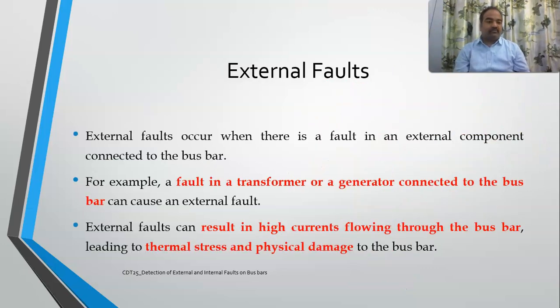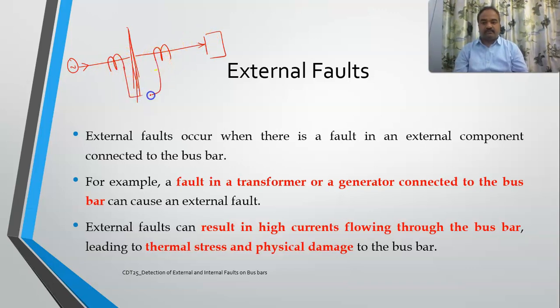These external faults, as I have already shown you. Now let us suppose this is my two-feeder system where this is the incoming one, this is the outgoing one. Now let us suppose these are my CTs. External faults occur when there is a fault in this region and this region.